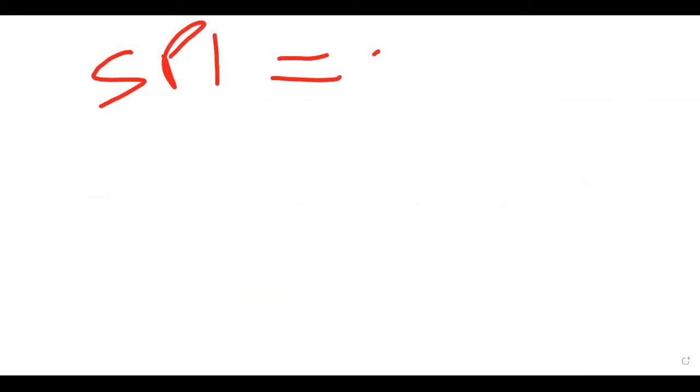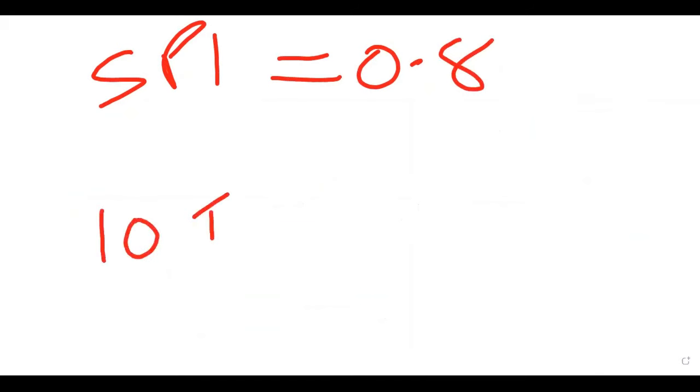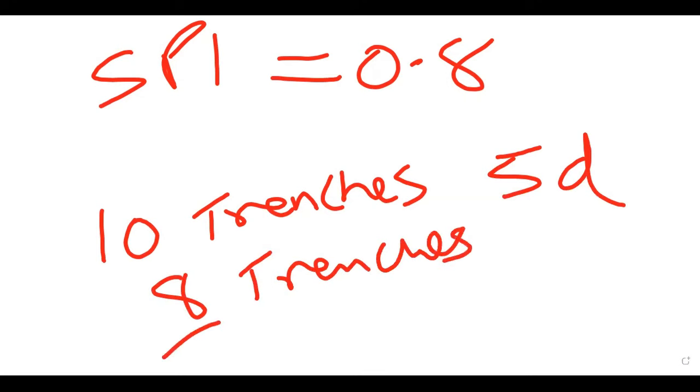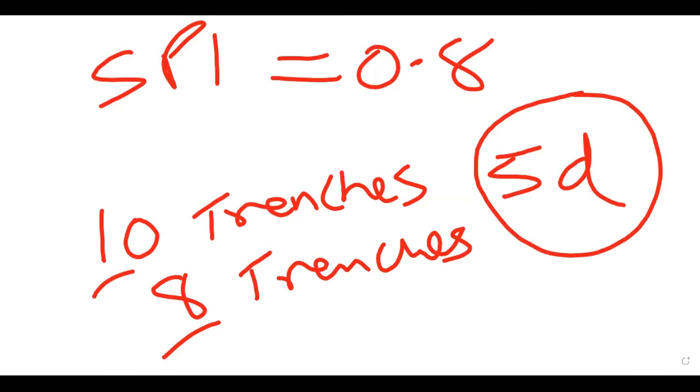SPI of 0.8. What this means is, for example, if on a project I said I would dig 10 trenches in, let's say, 5 days, but at the end of 5 days, I had only dug 8 trenches, 8 out of 10 within the time box.